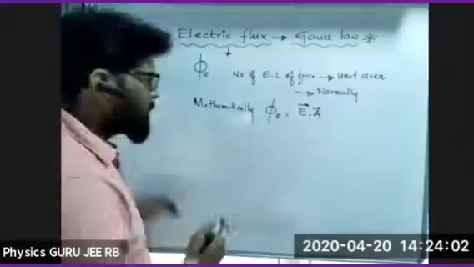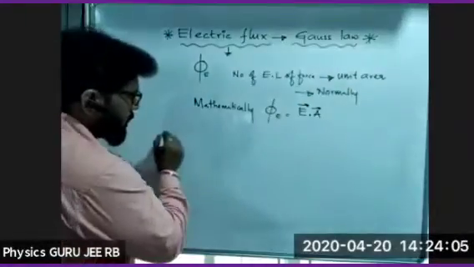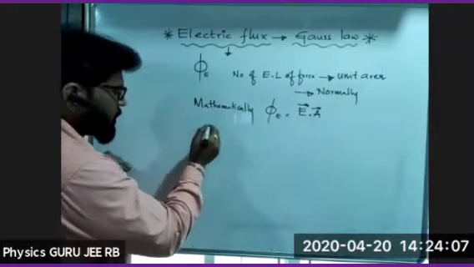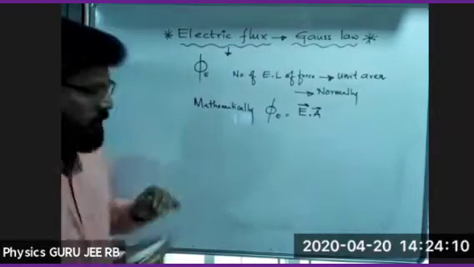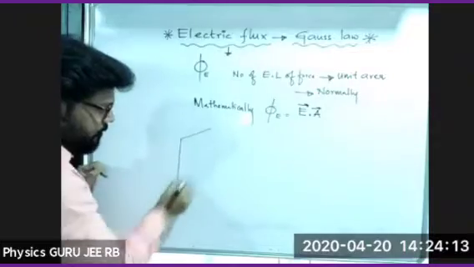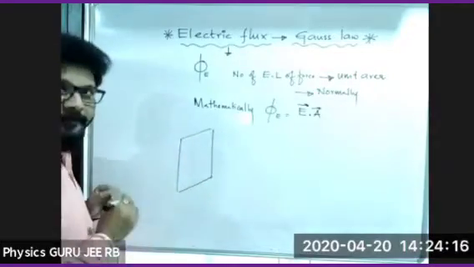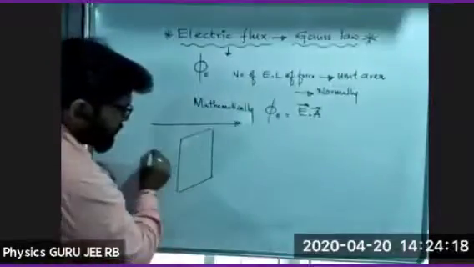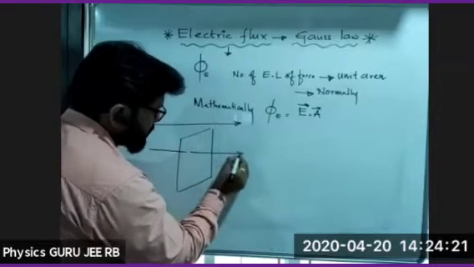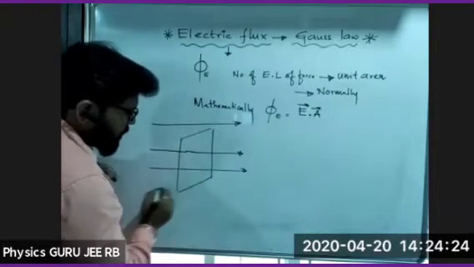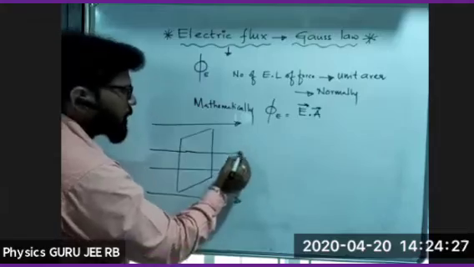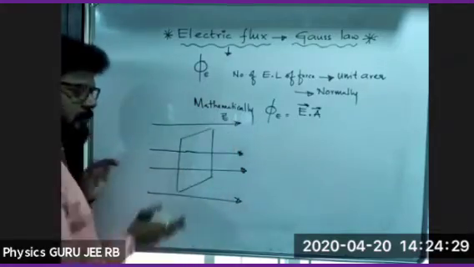Let me see here. Let me take a two-dimensional plane. Right? This is a plane. So electric lines of force: 1, now it is entering here, 2, 3, and one more line. This is nothing but electric lines of force. It's nothing but the surface.